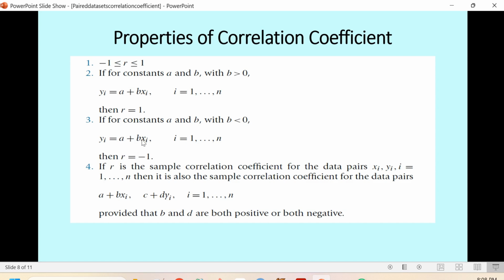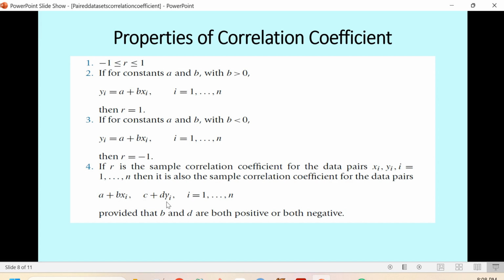And also, if b is negative, their correlation is -1. So be careful: it does not mean their correlation is b. Their correlation coefficient is -1. And also, if r is the sample correlation coefficient for the data between x and y, then a plus b xi is another variable, and c plus d yi is also another variable.